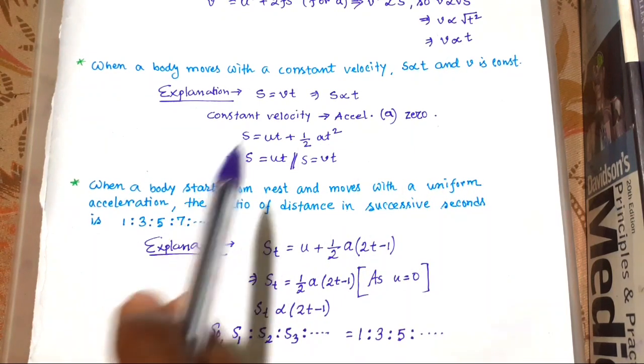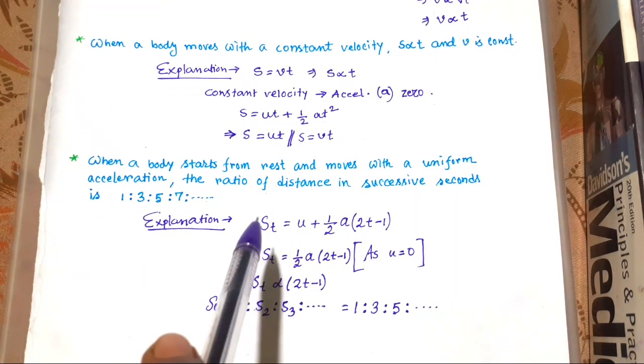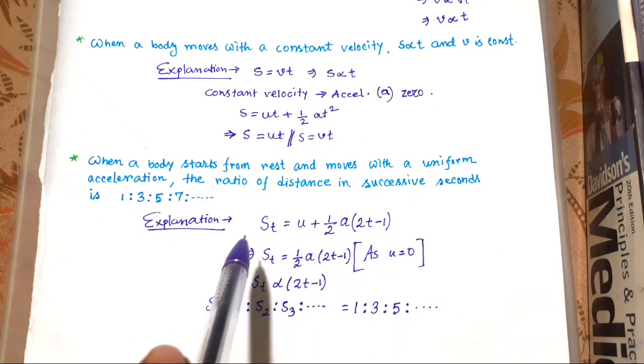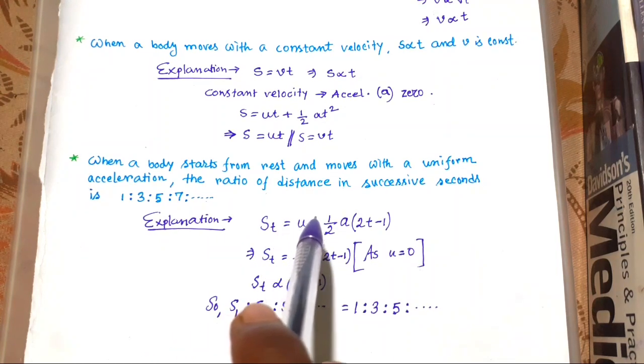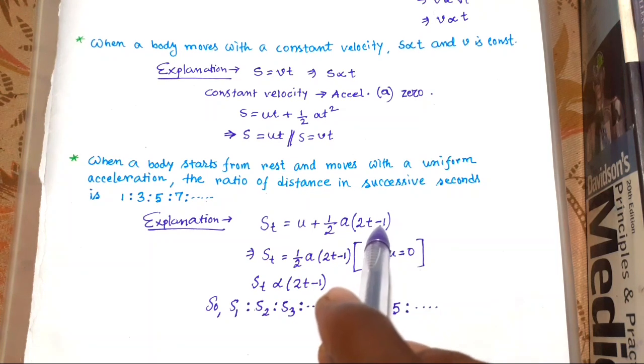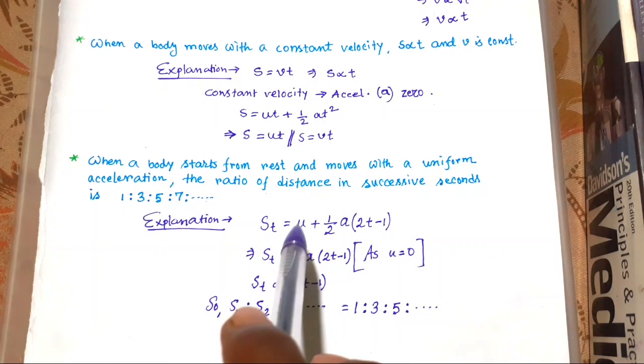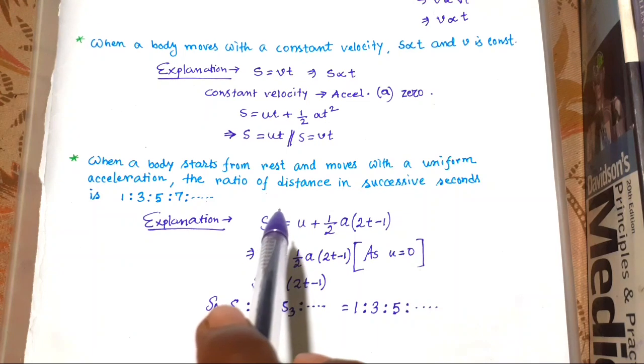Now explanation. We must put this formula here: S_t equals u plus half a into (2t minus 1). S_t, if we put t equals 1, that is s1, that means distance traveled in the first second.